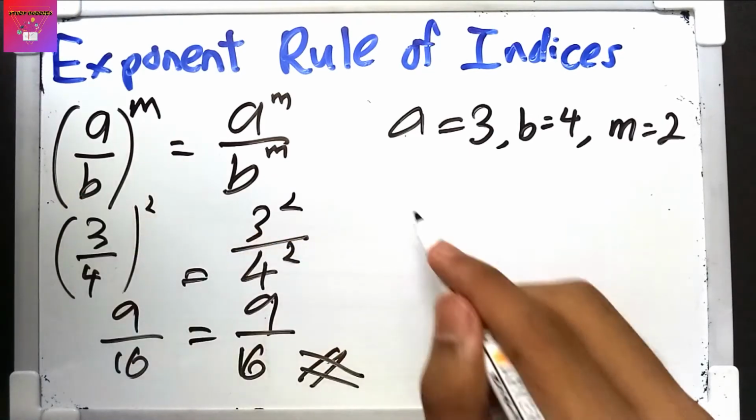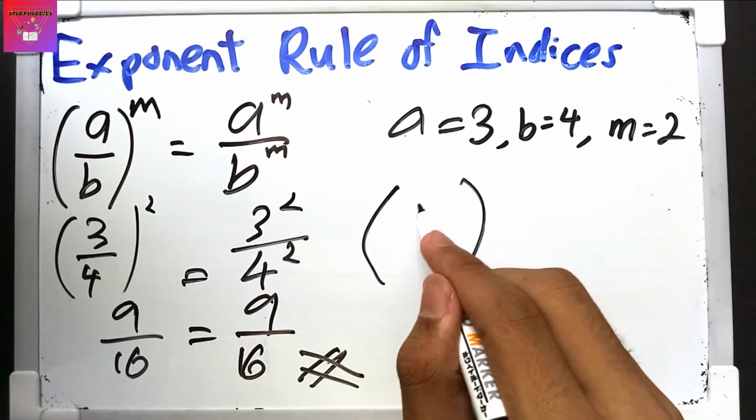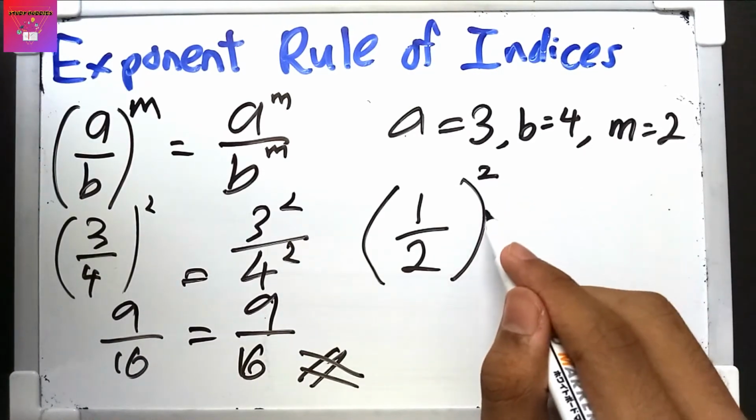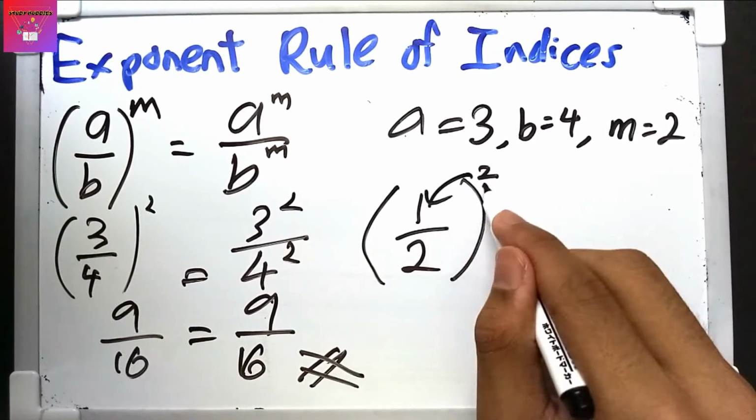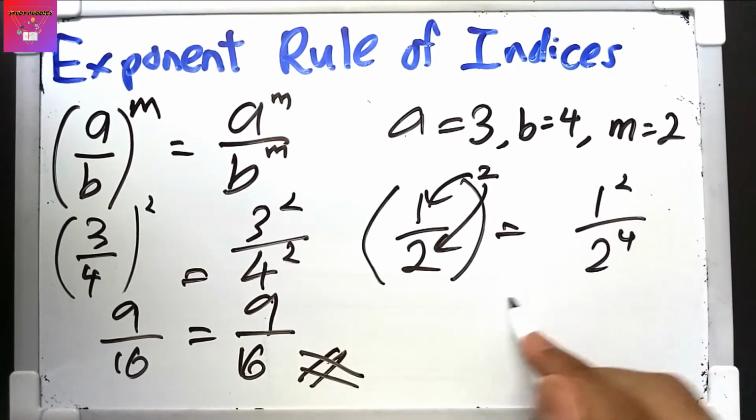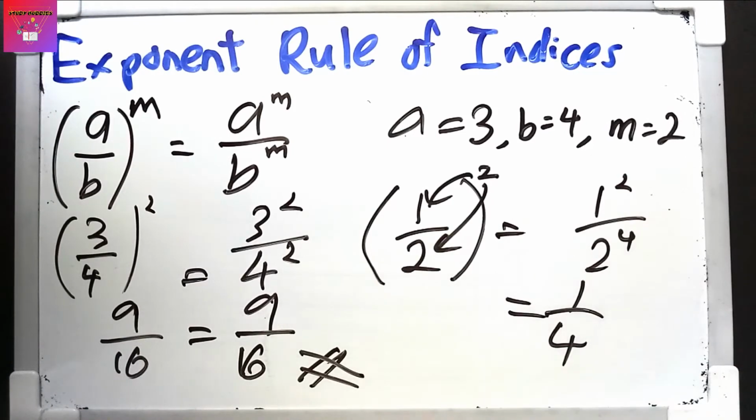So whenever you see a division enclosed inside a bracket with a power, immediately the power goes for both the numerator and denominator.